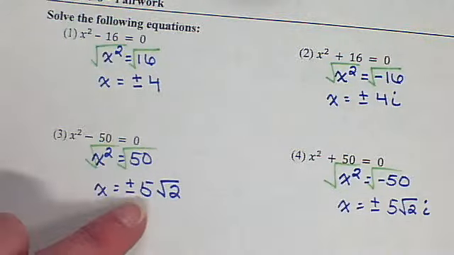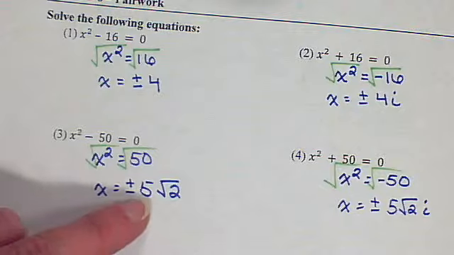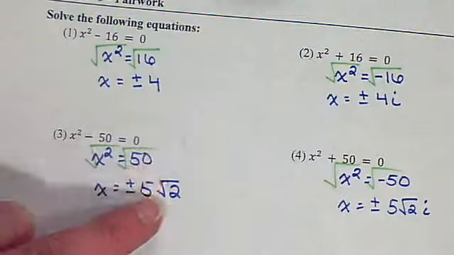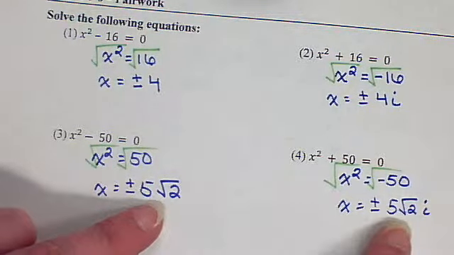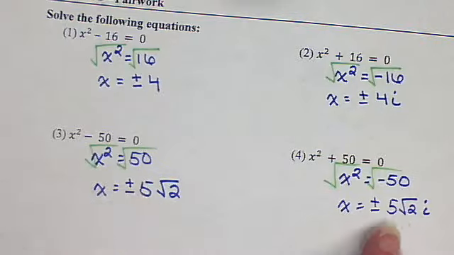What about here? What kind of solutions do we have? We have 2 irrational, but real. So yes, you would have 2 x-intercepts. Here, you have 2 imaginary. So, no, you would not have any x-intercepts.